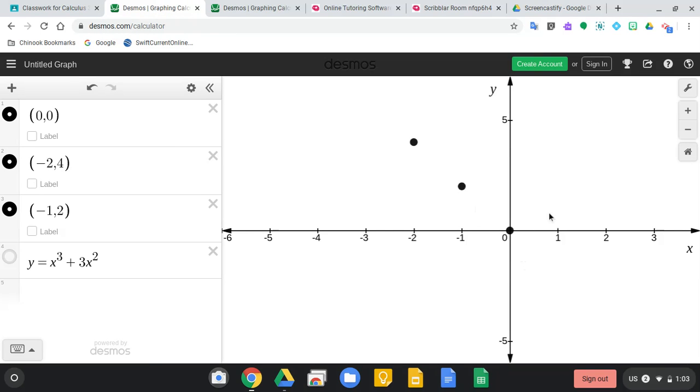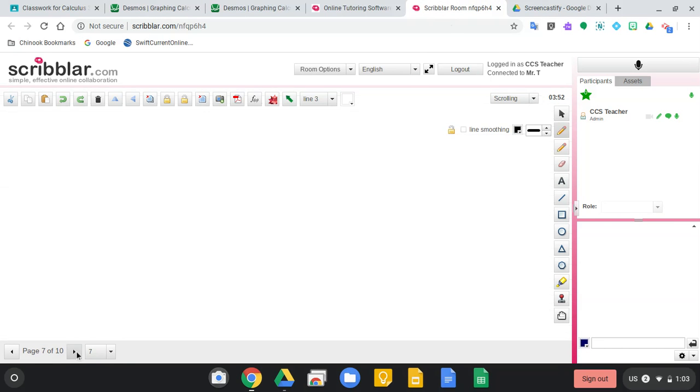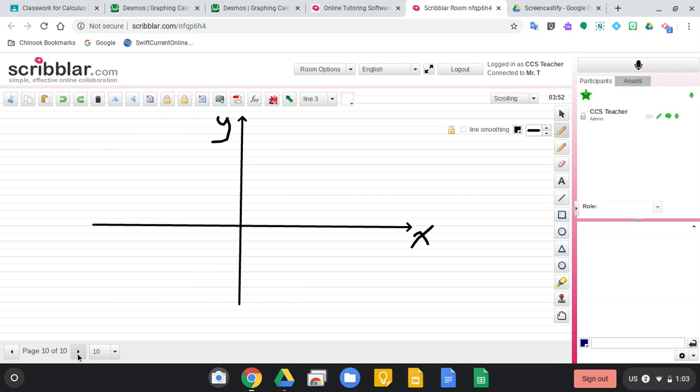So this section of the graph has to be concave up. So if I were going to freehand this, and I shouldn't, let's not freehand this, not on the Desmos, let's go here. At 0, 0, I have a minimum. So if I was going to freehand it, this section of the graph would look like that.